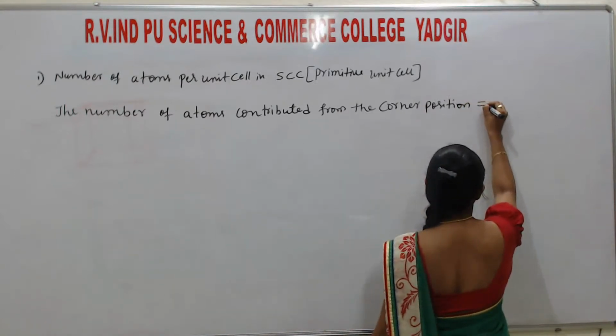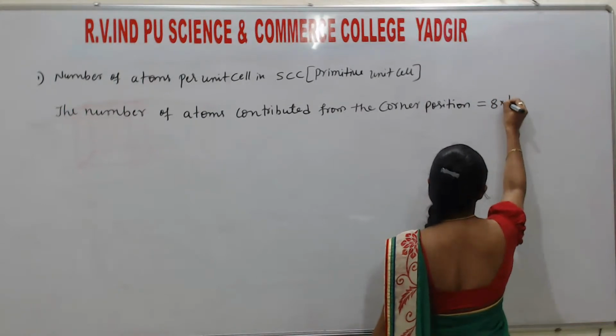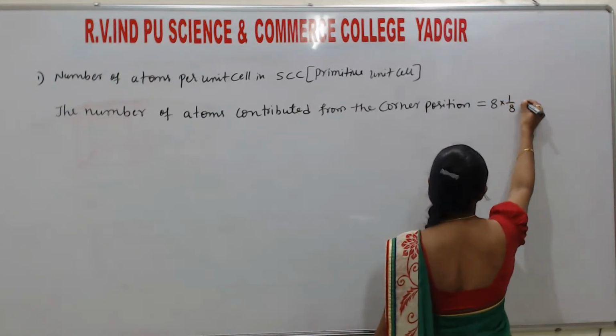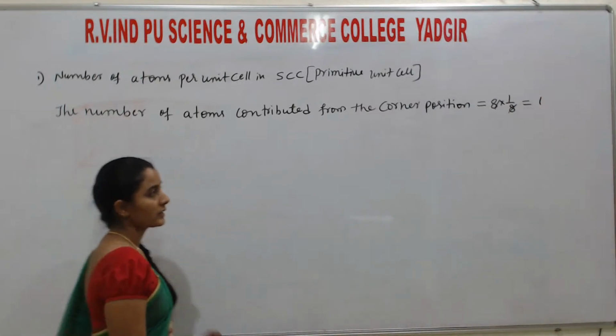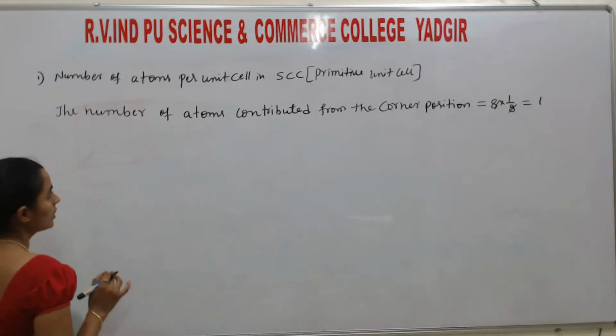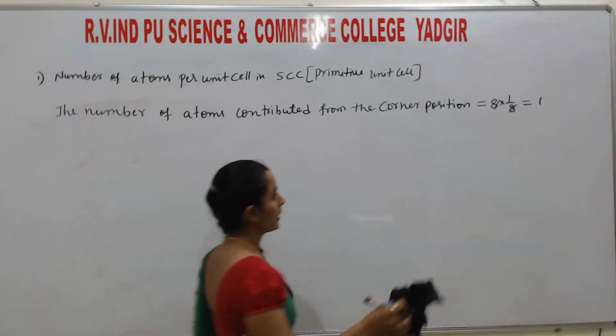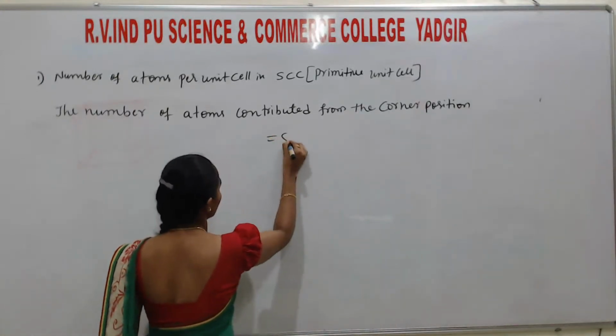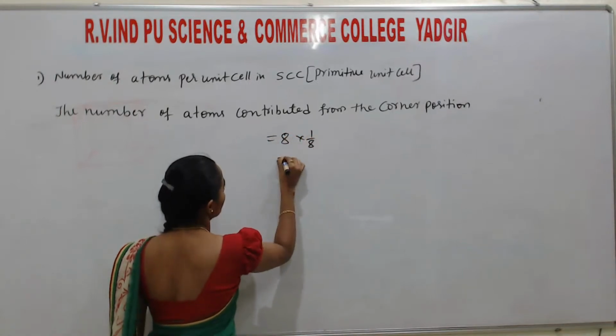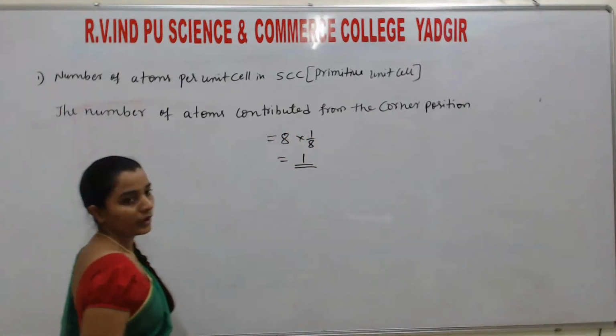That is equal to 8 into 1 by 8, that is equal to 1. This is the calculation part.